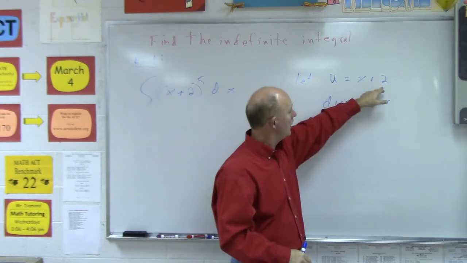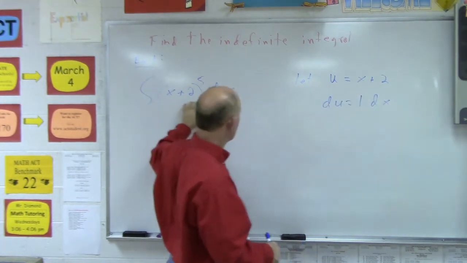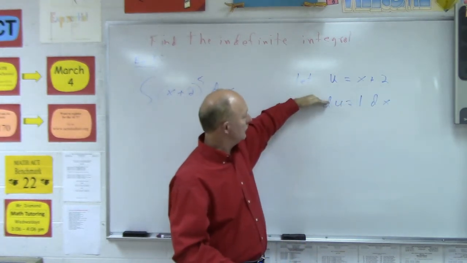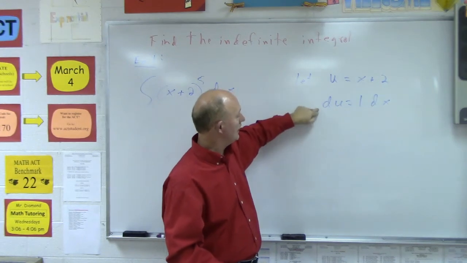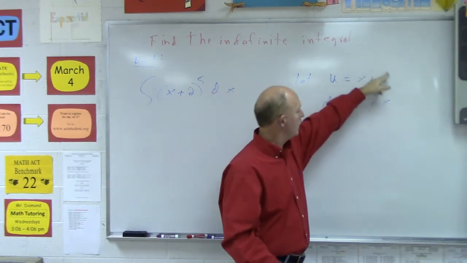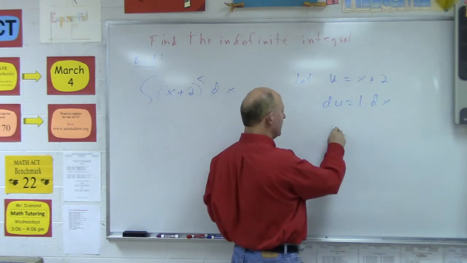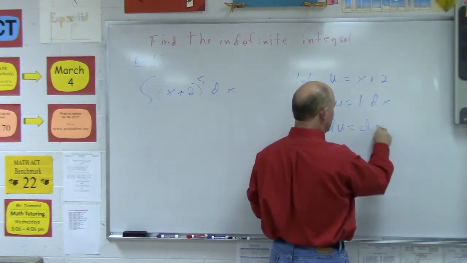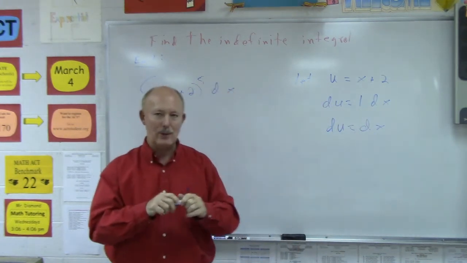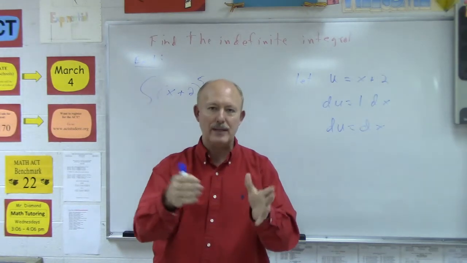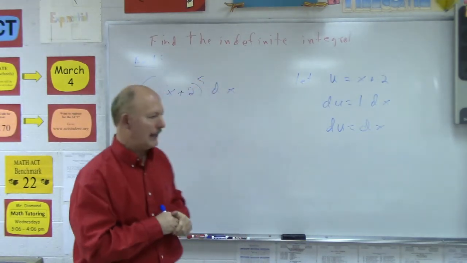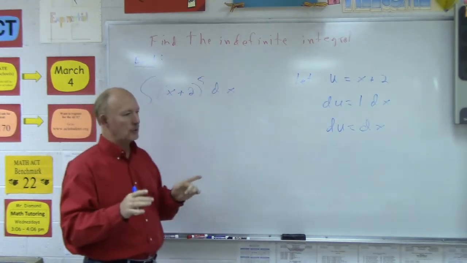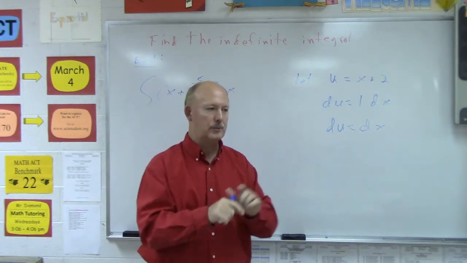So we set up our substitution. We let u equal the quantity x plus 2 within our integral, and then we take the derivative. The derivative of the left-hand side is du, and the derivative of the right-hand side is 1 dx, so we can just say that du equals dx. Remember, when we convert our integral from an integral in terms of x to an integral in terms of u, there's 2 substitutions.